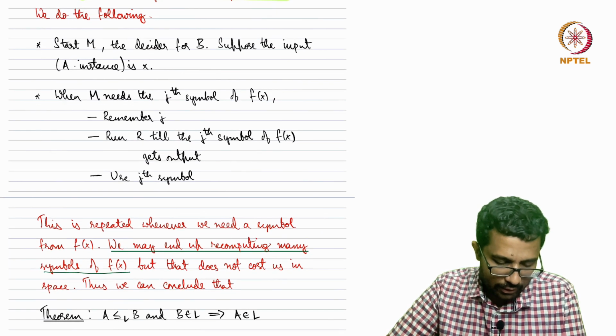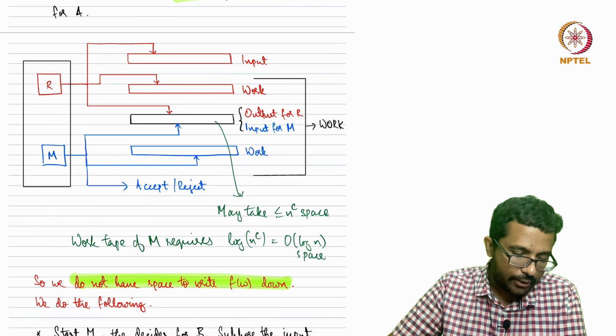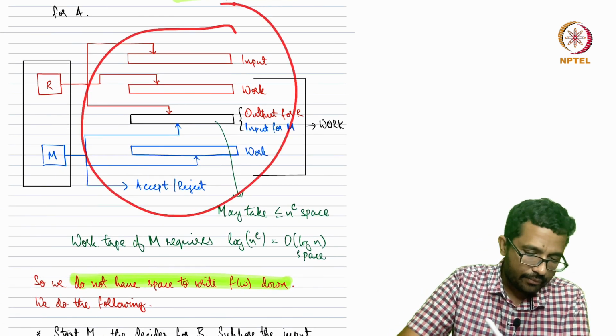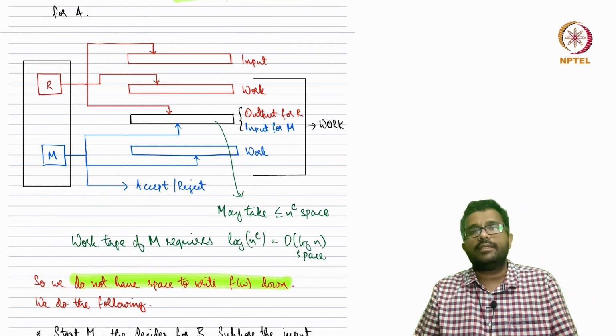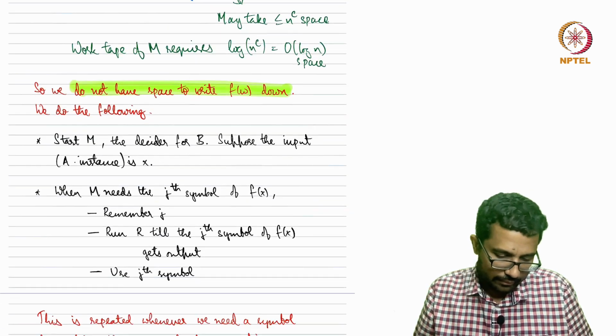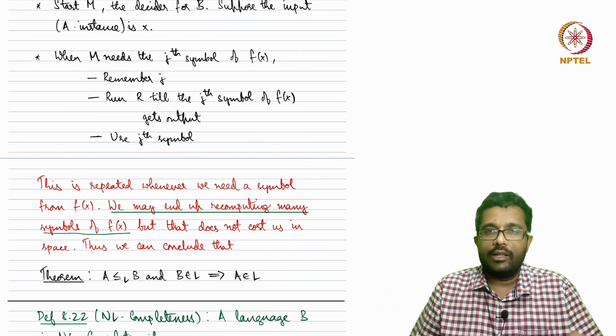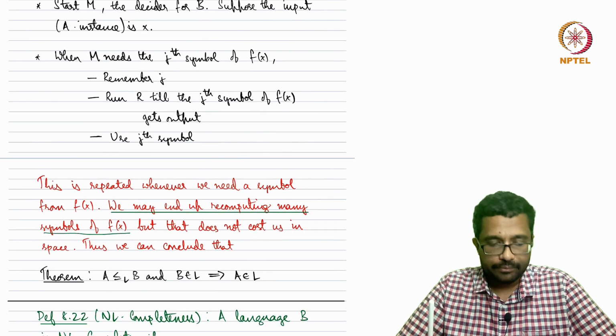And the overall space usage by these two combined machines, because of the modified way in which we combined them, is logarithmic in the length of the input.